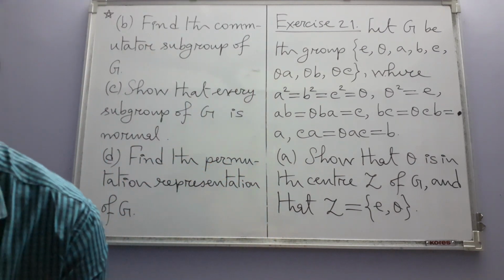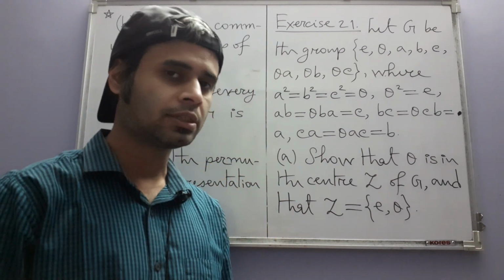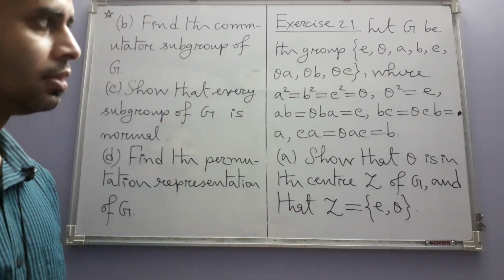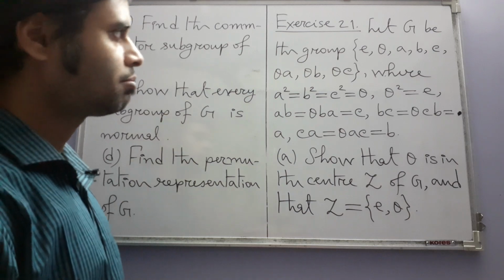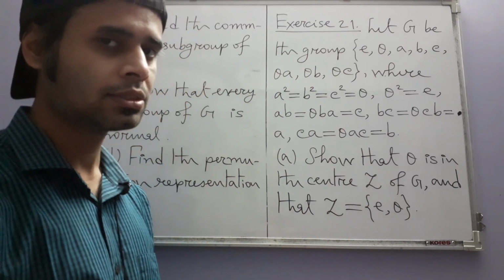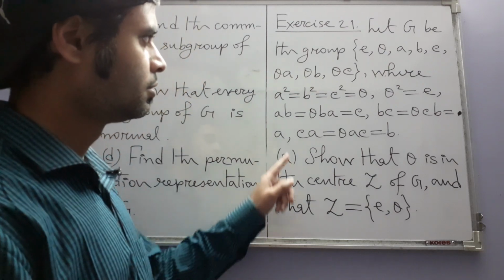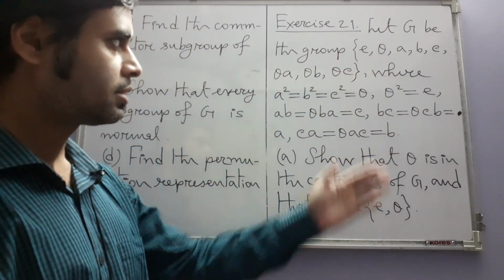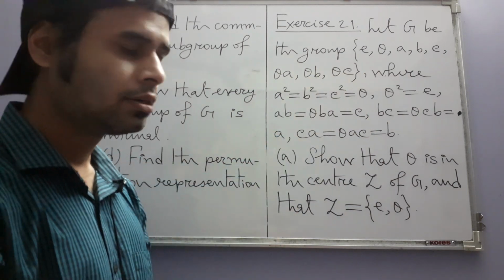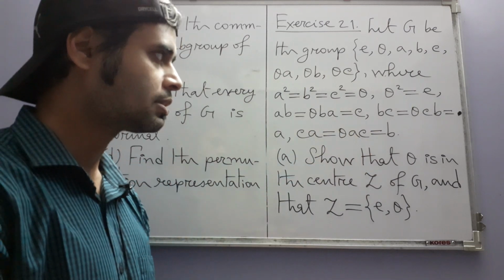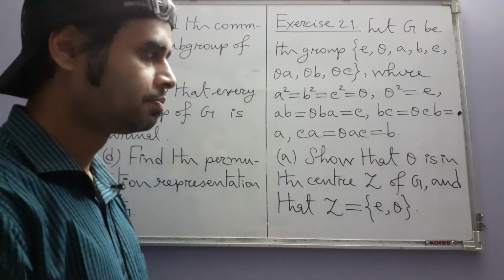Okay, so let us now start the solution, but before we start the solution though, I want to draw your attention to something about which I already discussed before, I think several times. You see that most of the times in this book and elsewhere, groups are presented like this. A set of some symbols is given and then it is said that some relations are to be satisfied by these symbols.